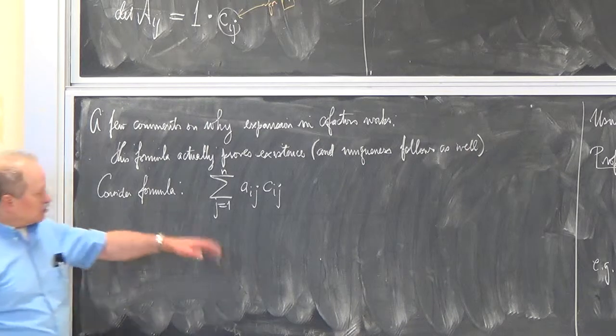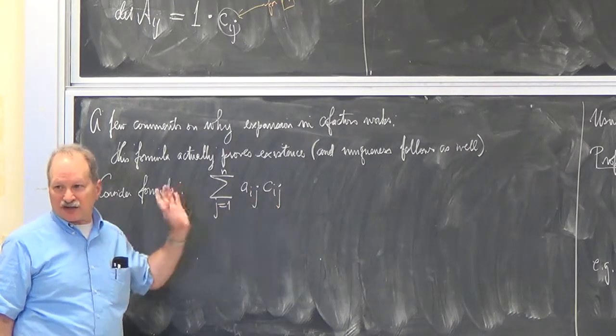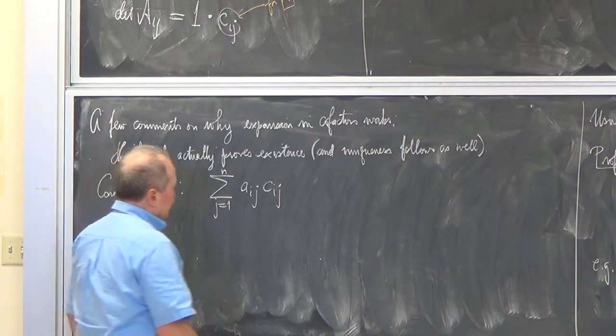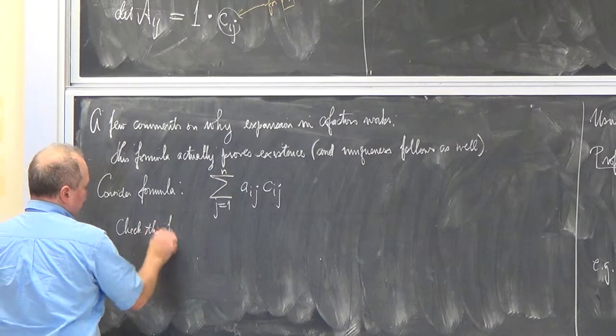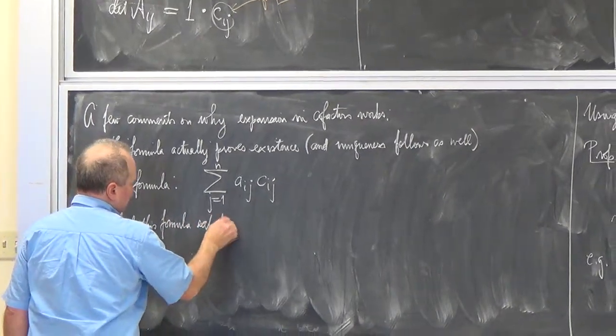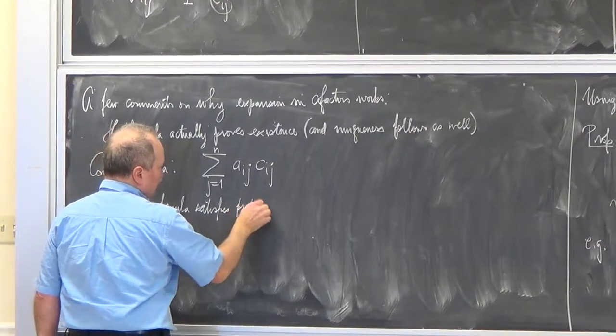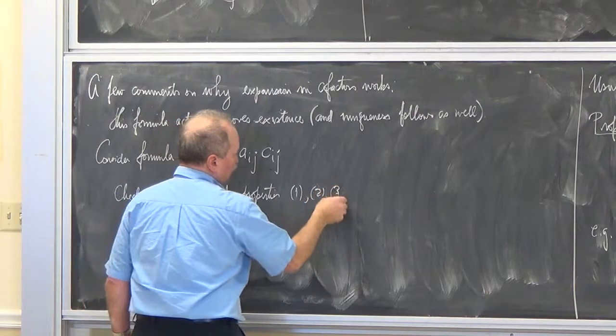So this says take a matrix, take the entries in its ith row, multiply them by their corresponding cofactors and add. Check this formula satisfies properties 1, 2, 3, and 4.